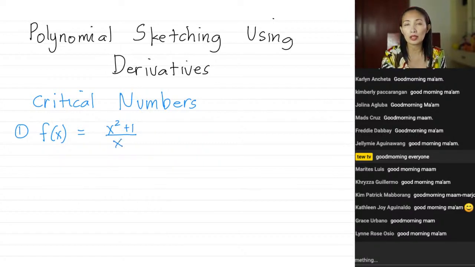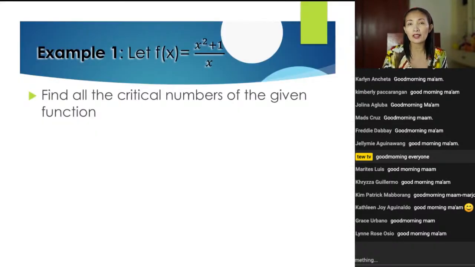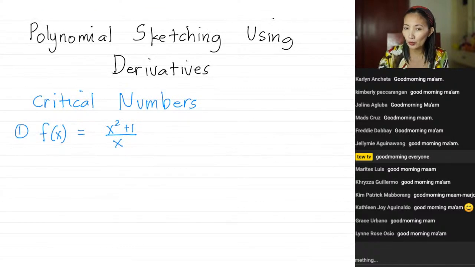Now going back to the definition, the value of x at which the first derivative is 0, or the value of x at which the first derivative does not exist. So, to find the critical number, we first take the first derivative. We differentiate the function.